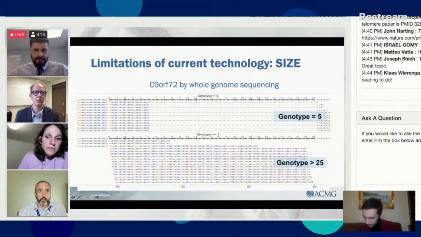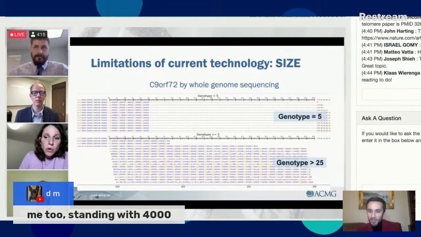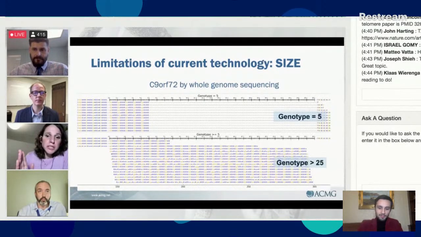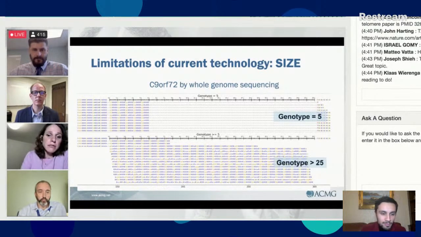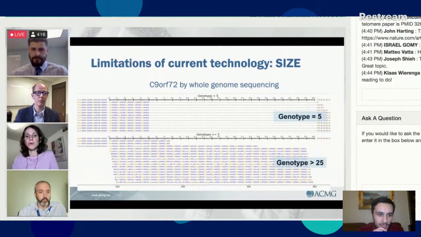In the lower part of the graph, we see a large number of reads with many hexanucleotides that go up to 25, 25 being the limitation, which is the read length. So we are limited in our ability to accurately size repeat expansions by the sequencing read length. And this is a problem that can be addressed by other technologies, and now Mark is going to talk about those, so I'll pass it on to him.